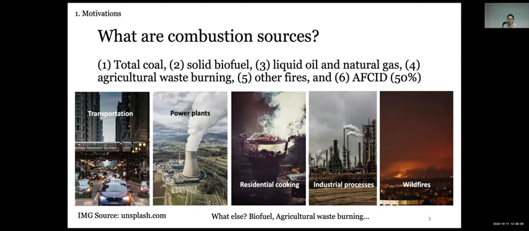And then the last one is AFCID. The full name is super long, which is anthropogenic fugitive combustion industrial dust. And this is a tricky source because it includes both combustion and non-combustion sources.